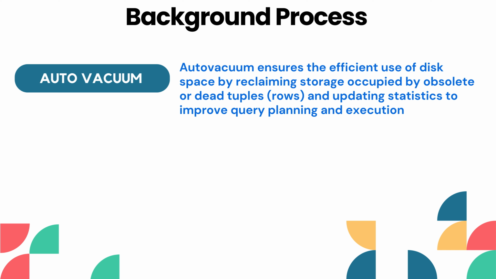And with respect to performance and storage, autovacuum is a very important background process of the PostgreSQL database. So when PostgreSQL performs an update on a row, it will mark this row as a dead tuple and insert a new row in the blocks.